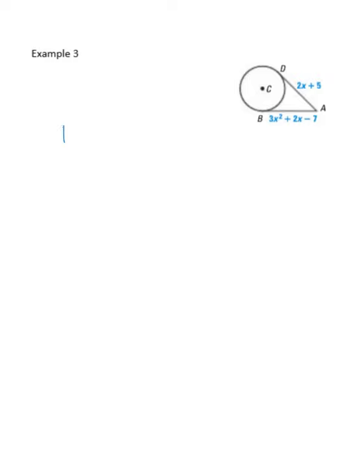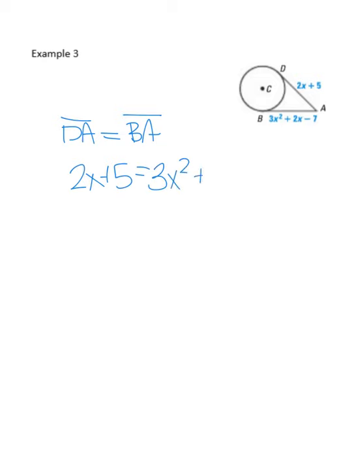So I'm still going to say that DA is equal to BA. So 2x plus 5 equals 3x squared plus 2x minus 7. Now what I have to do is get everything on the same side. So I'm going to subtract 2x from both sides. So I have 5 equals 3x squared minus 7. I'm going to subtract 5 now from both sides.